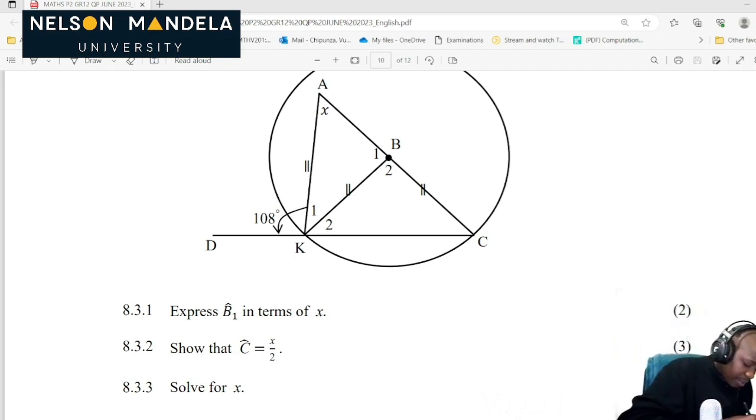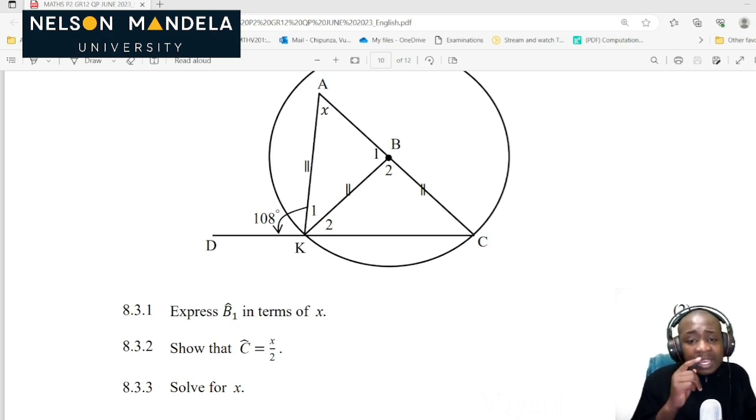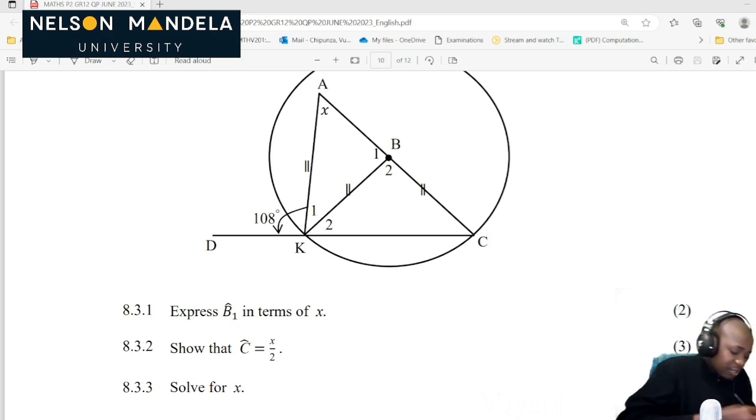So 8.3.1. You can do this in different ways, but AK is equal to KB, which means that's an isosceles triangle. So let's say in triangle AKB, AK is equal to BK.